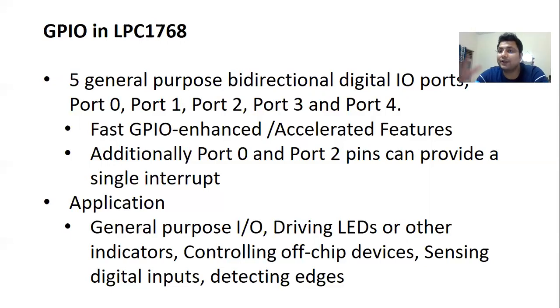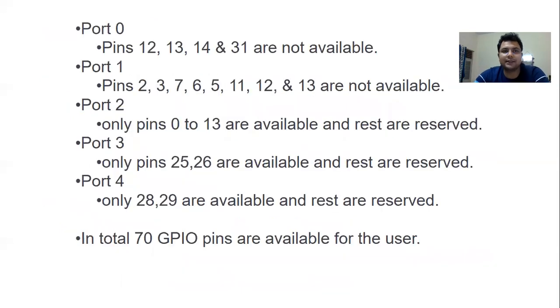Every pin we will not use. Some pins are reserved. So every port has its own configuration of which of the 32 pins we can use. Here you can see port 0, pin numbers 12, 13, 14, and 31 are not available. We can't use these pins.